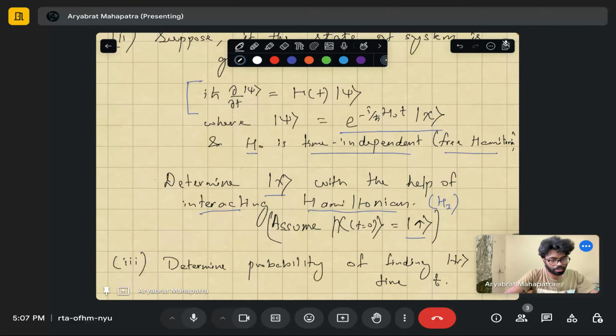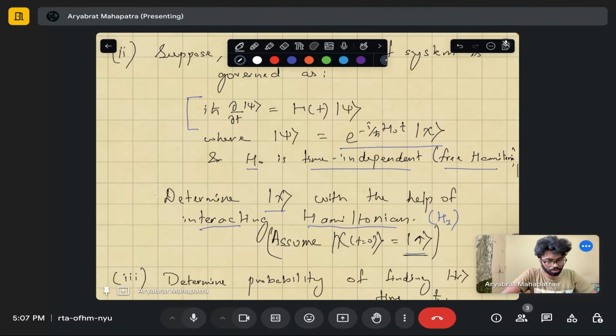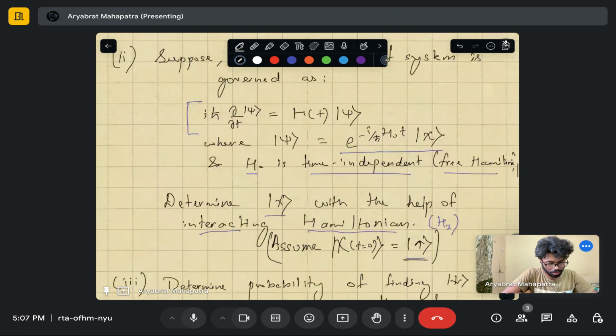We have to find chi of t, and chi of t equal to 0 is given to be the up state, the spin eigenstate of S_Z, the S_Z up state.